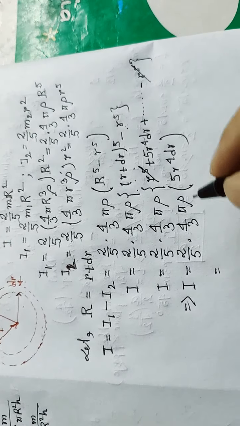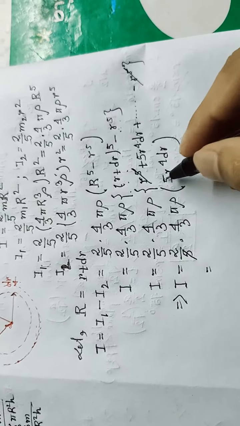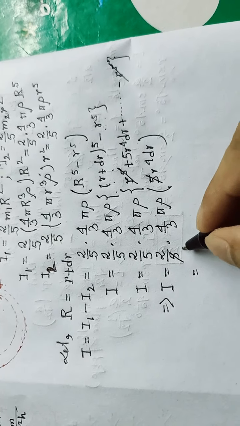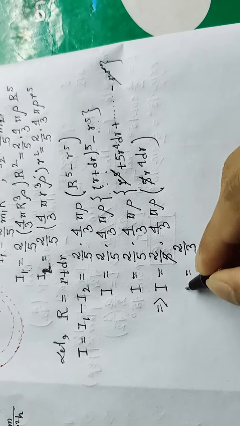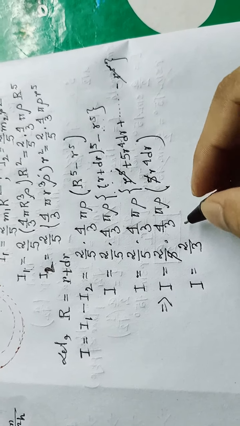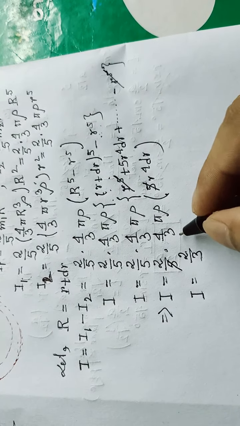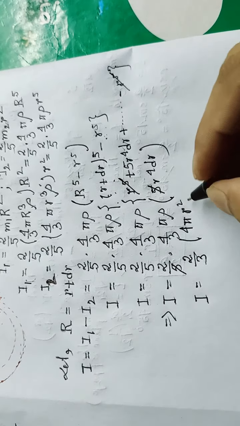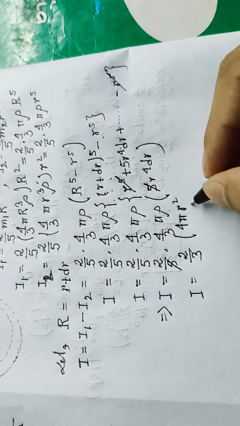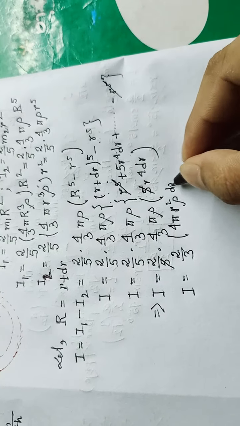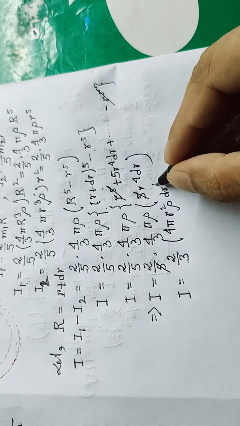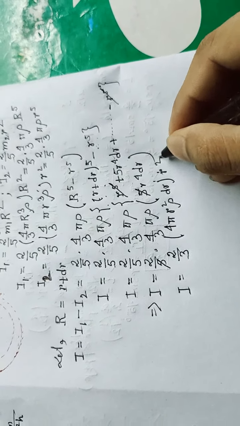So we can see this 5 and 5 get cancelled. Then our moment of inertia I becomes 2 upon 3 into 4 pi r square rho dr into r square.